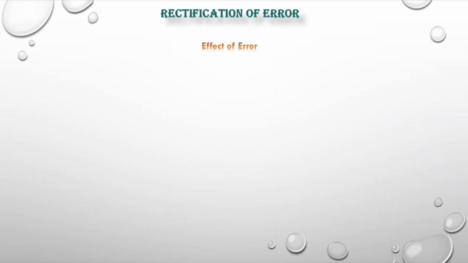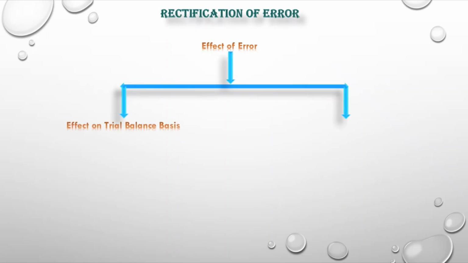Now, the effect of error: how errors affect the trial balance or do not affect the trial balance. So what kind of effect of error occurs? Here you can see the kinds of error that affect, on trial balance basis and accounts affected basis.